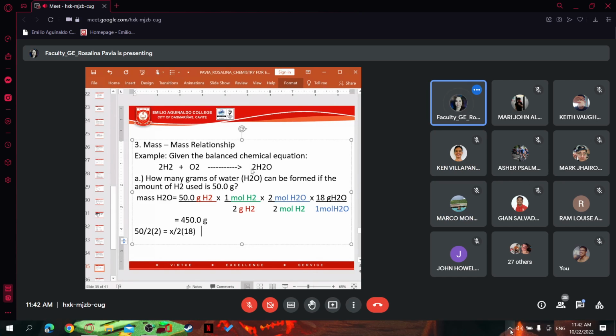Solve for X. The 2s cancel out here. So, 50 times 36 divided by 2. 900 grams, divided by 2 still. 450 grams po. Okay, 450 grams.